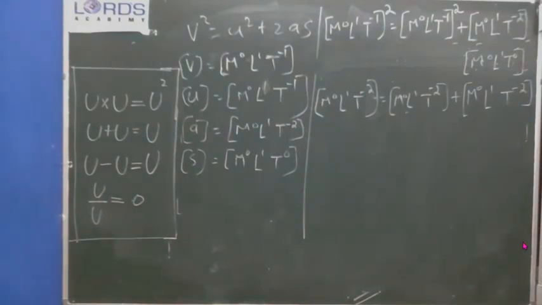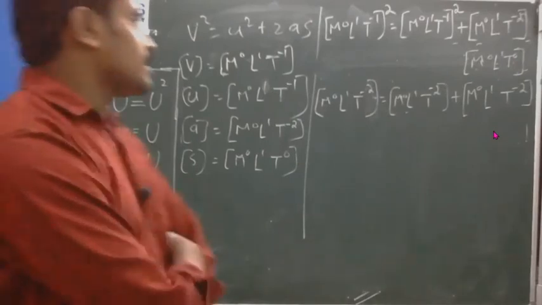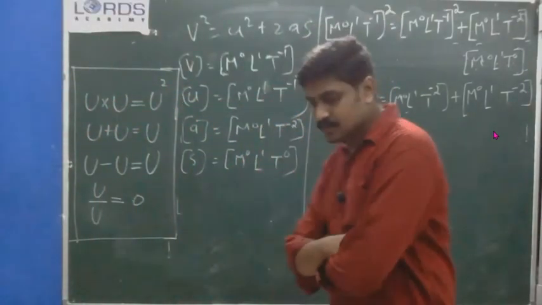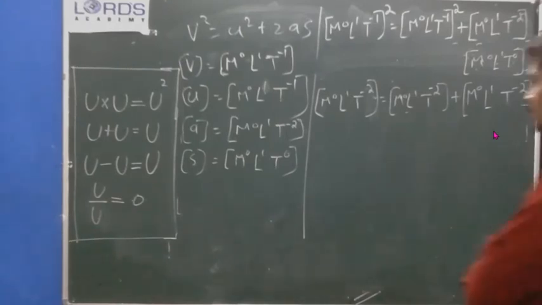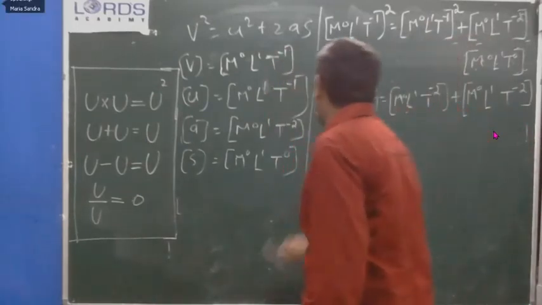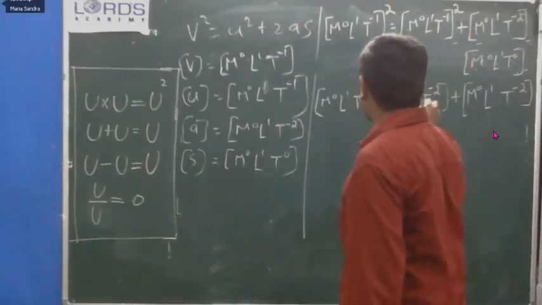Maria Sandra, just go through this end portion. Are there any mistakes? The B square, and then L raised to 0. L raised to 2, L raised to 2. How did you obtain L raised to 2? L raised to 1 squared equals... so here or here?